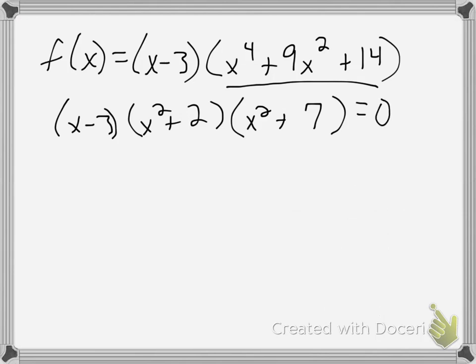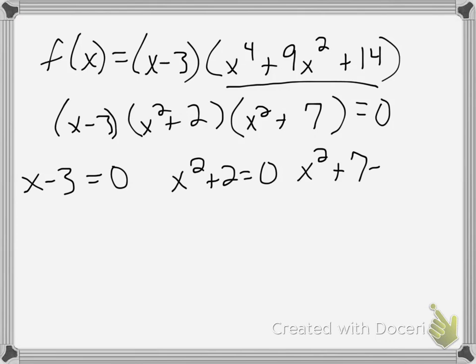Now I can't factor anything any further. So I'm going to set all my factors equal to 0. X minus 3 equals 0. X squared plus 2 equals 0. X squared plus 7 equals 0. Add 3 to both sides. X equals 3.